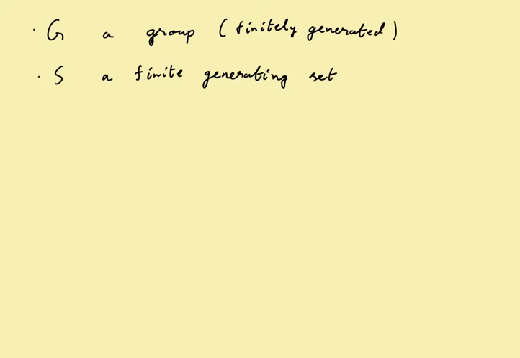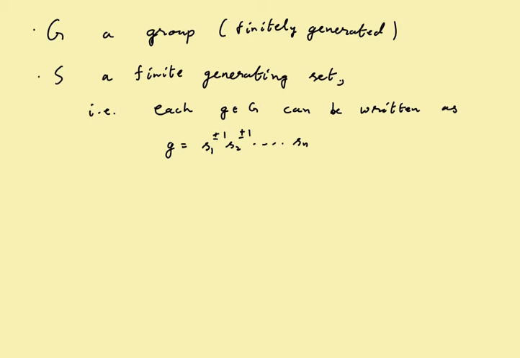Yeah, so it being a finite generating set means that each g in G can be written as a product of the generators and their inverses. So it can be written as g equals s1 to the plus or minus 1, etc., sn to the plus or minus 1, where s1 to sn are generators.